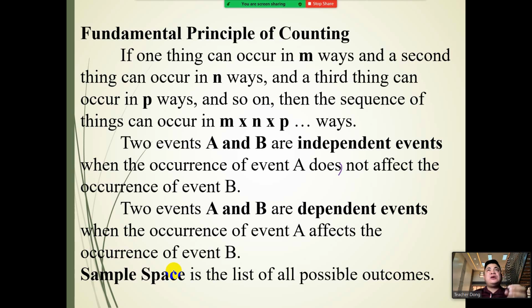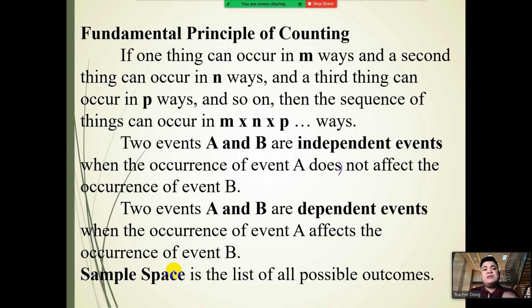If it is not a red marble, it's not accepted. So it means the picking of the first is being affected by the other pick. If you have two picks, they are affecting each other. If you have already picked a red marble, you're not allowed to pick any more red marble for the second pick. That's what we call dependent events.